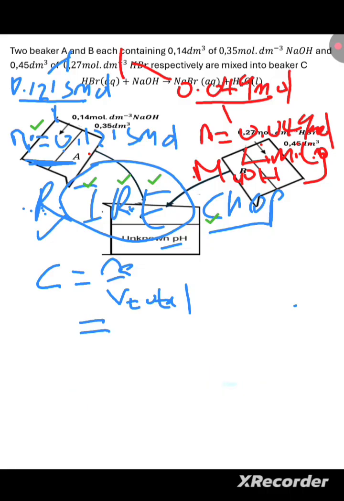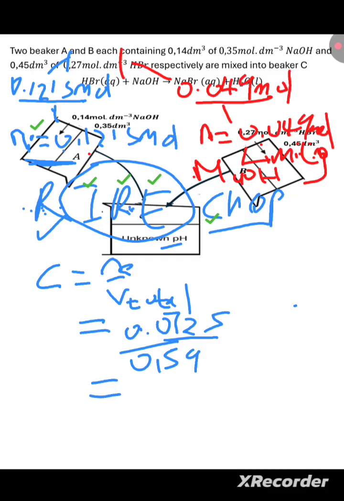That is the volume that we're going to use. So the excess number of moles that we got, 0.0725, divided by 0.59. So we get the concentration.